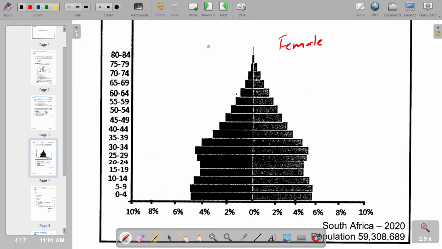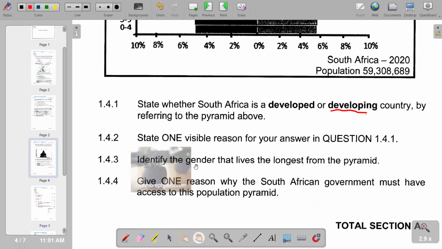And we have male on the other side. So if you check, you're going to see that the rectangles that we have on the side of females are a bit longer as compared to this side. So it makes the females the correct answer. So we move on to the next question.